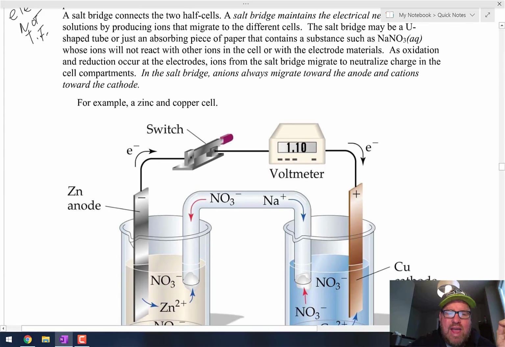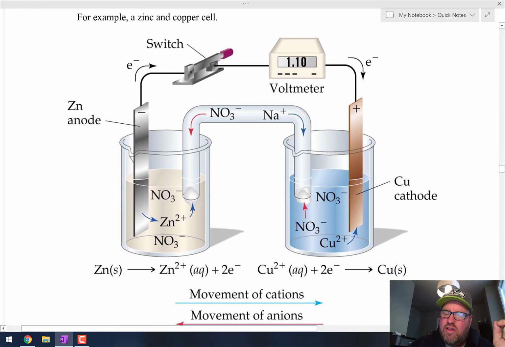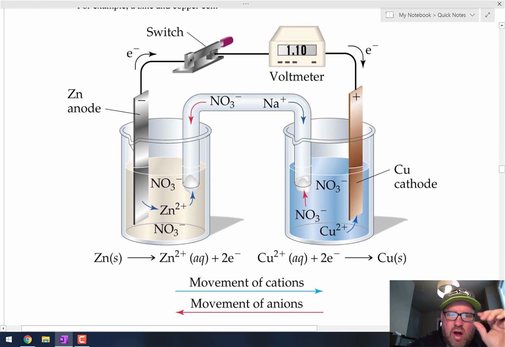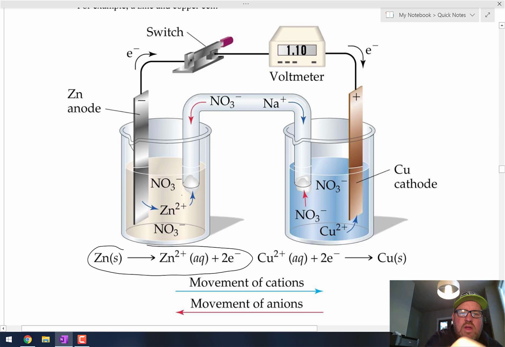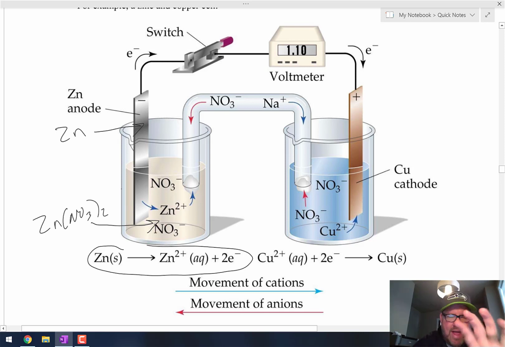In a voltaic or galvanic cell, there's a lot going on here. First, let's talk about the reactions on the bottom. We have a piece of zinc metal in a solution of zinc nitrate. The side doesn't matter, but in this case it's on the left-hand side.